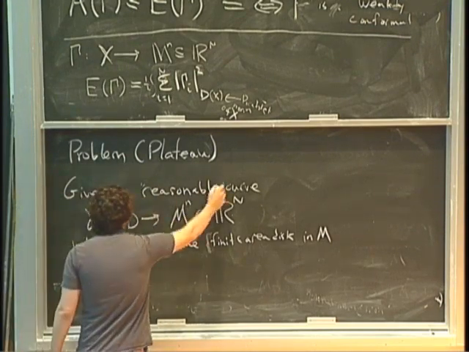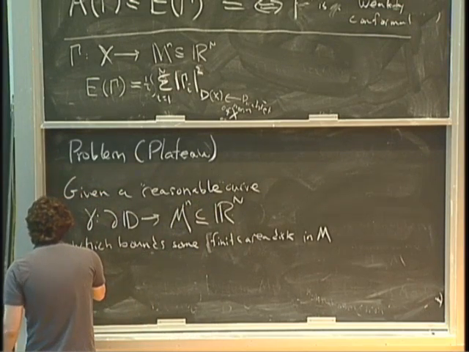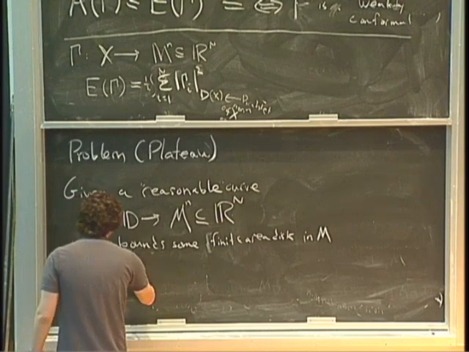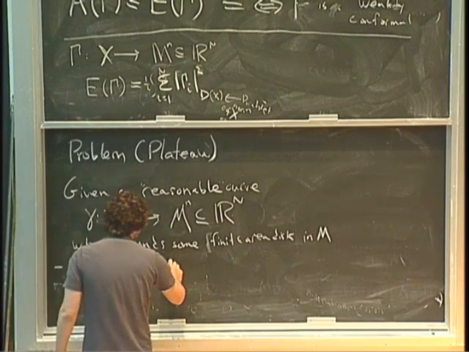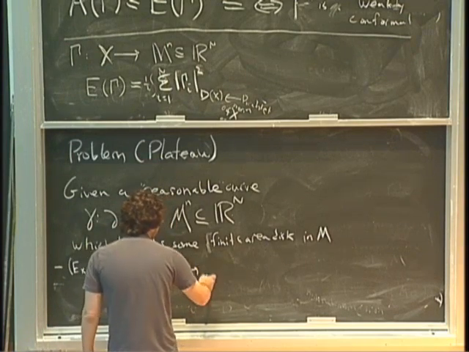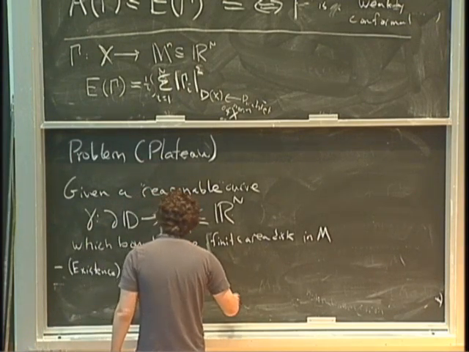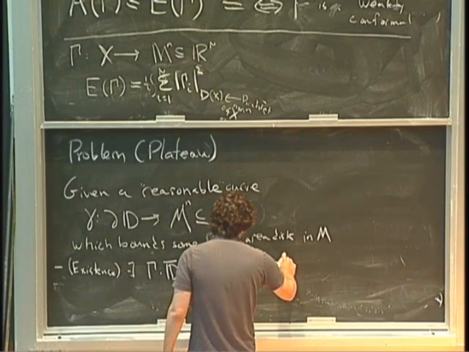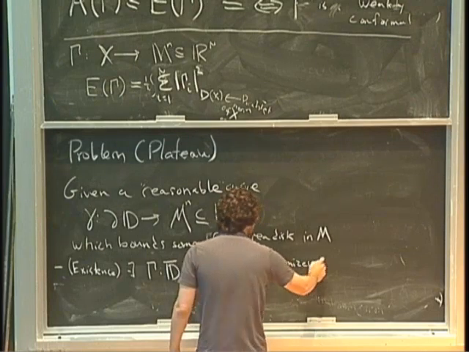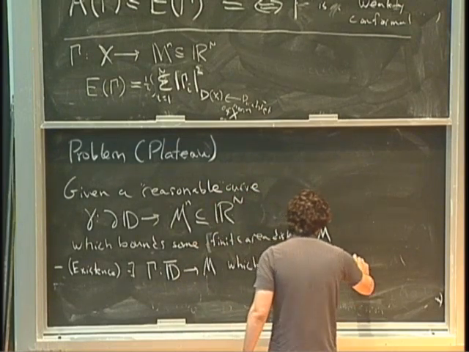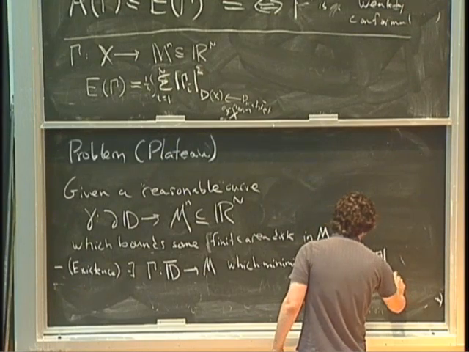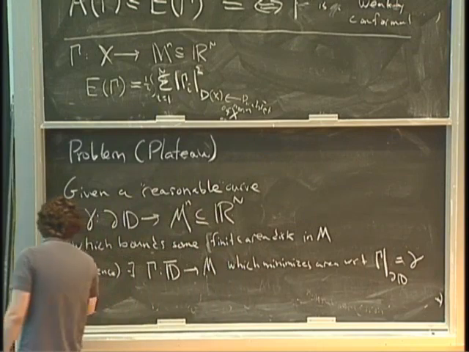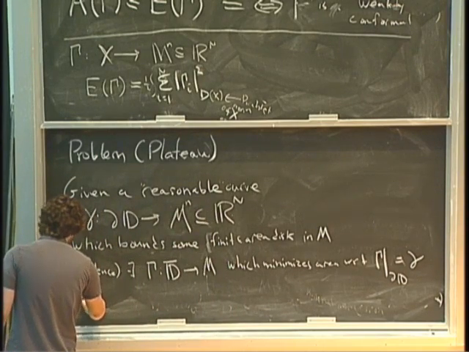So then the first question is existence. Does there exist a map gamma that takes the closed disk to M, which is area minimizing, which minimizes area with respect to having the boundary conditions be given by gamma? Then there's a regularity question.